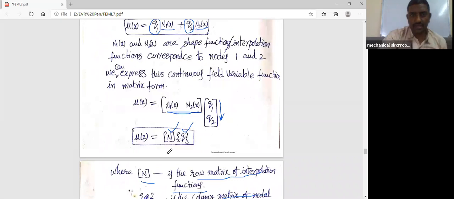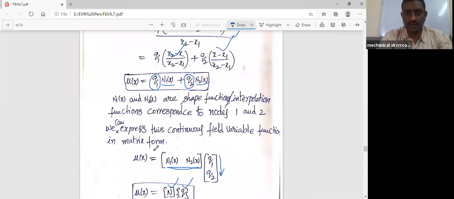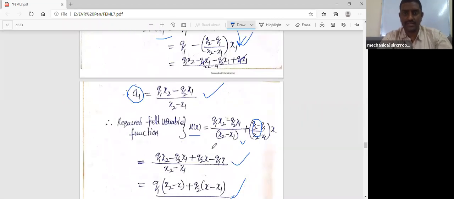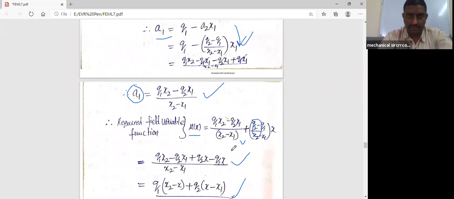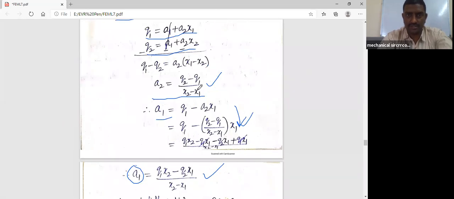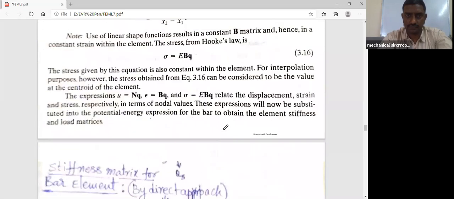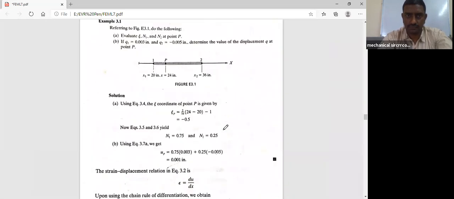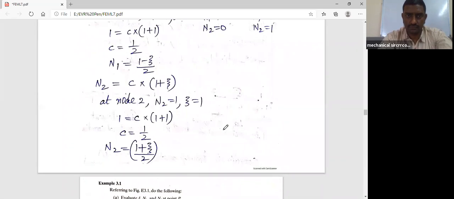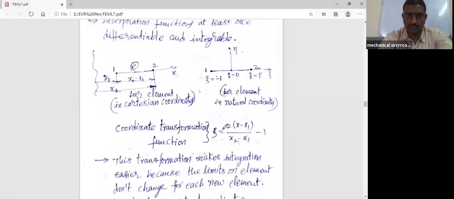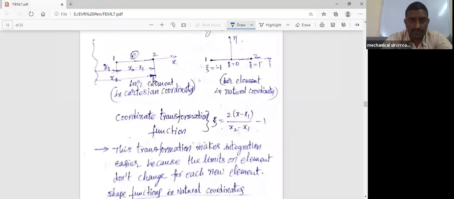In this way, in the Cartesian coordinate system, we derive the shape functions n1 of x and n2 of x. Now let us discuss shape functions in natural coordinates z.